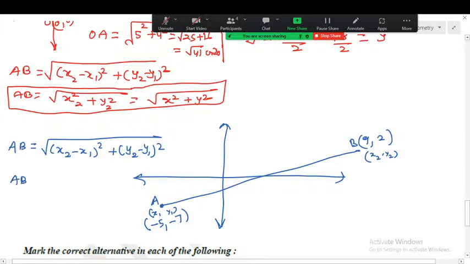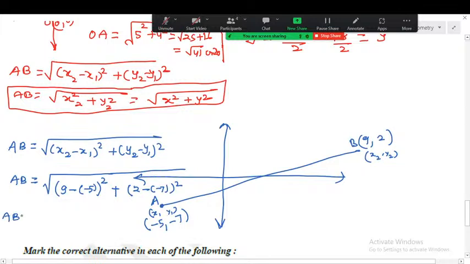Here you can substitute these values. By doing so you will get x2 is your 9 minus x1 is your -5. Similarly, plus y2 is how much? 2 minus y1 is -6.